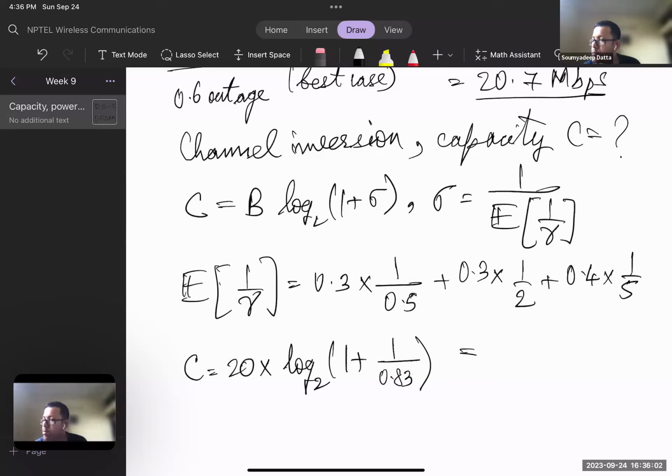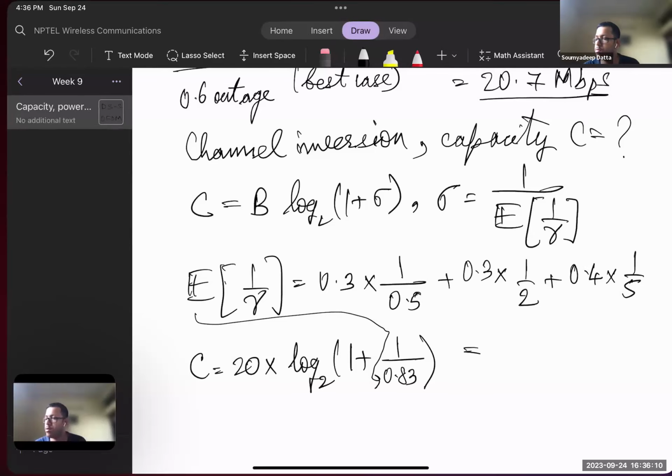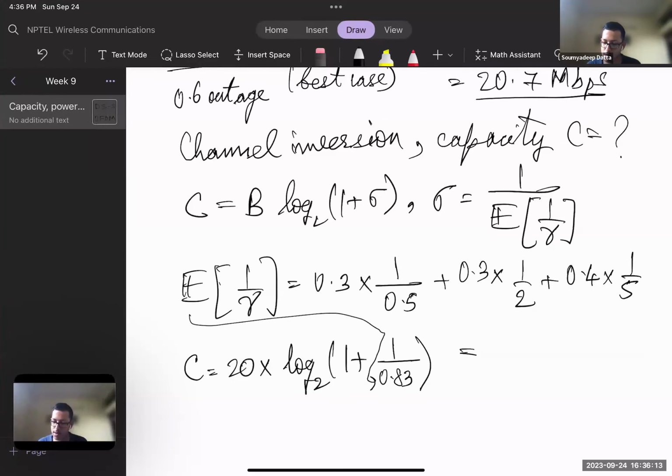So I'm just putting this value over here. Sigma is 1 by the expected value of 1 by gamma. Can somebody calculate and tell me? Let me try myself.